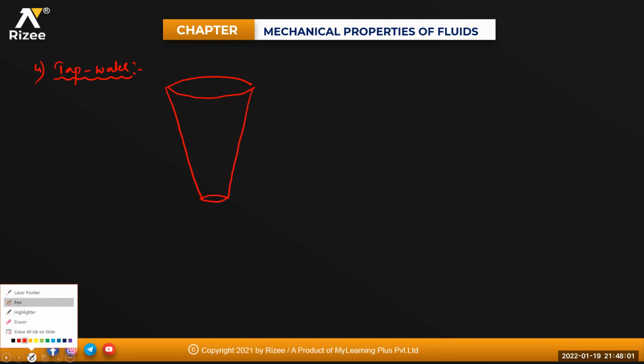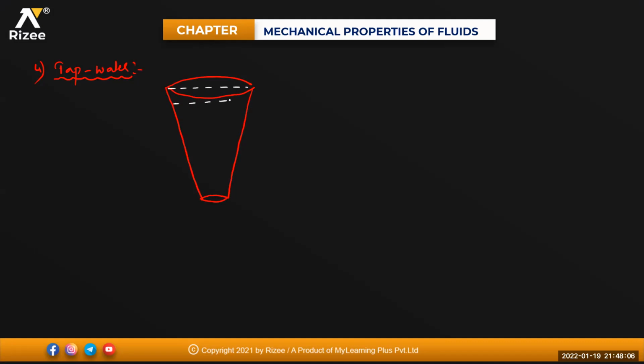So if I'm taking this one, there is water filled in this completely like this. Area of cross section of this one is, say for example, A1, and this one is A2.